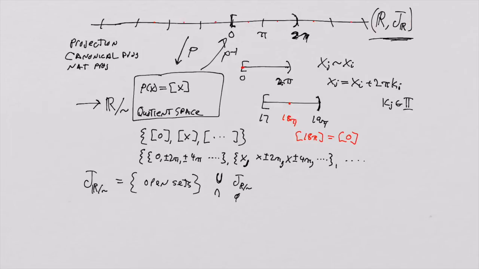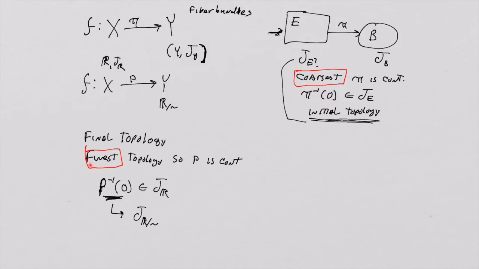R has that closed ball topology. So these points aren't open in R. So a discrete topology on the quotient space is too fine, because under the inverse map, an open set in the quotient space does not map to an open set in the already existing topology of the real line. So I need a coarser topology on the quotient space in order to get this to work. So that's why in the final topology you're dealing with the finest topology.